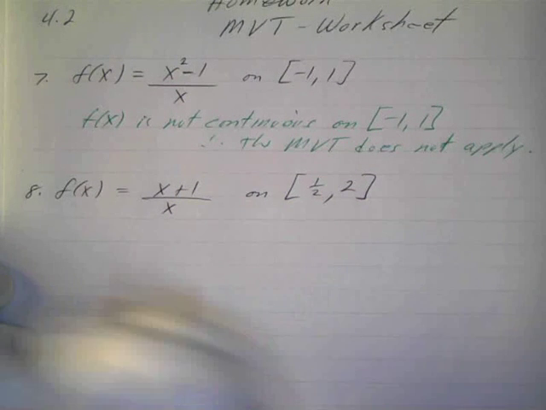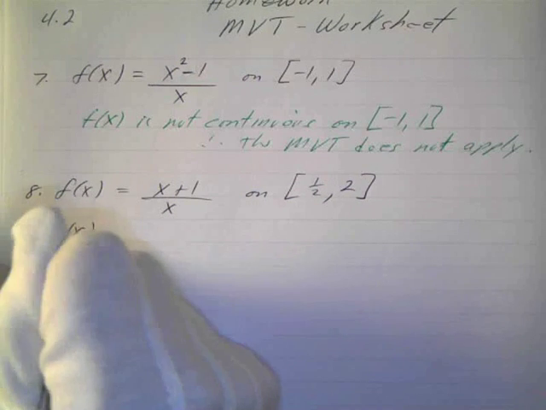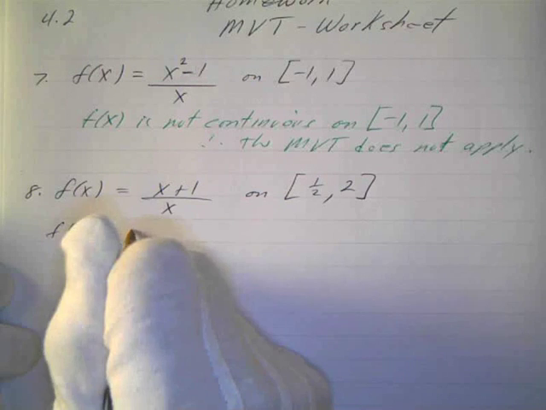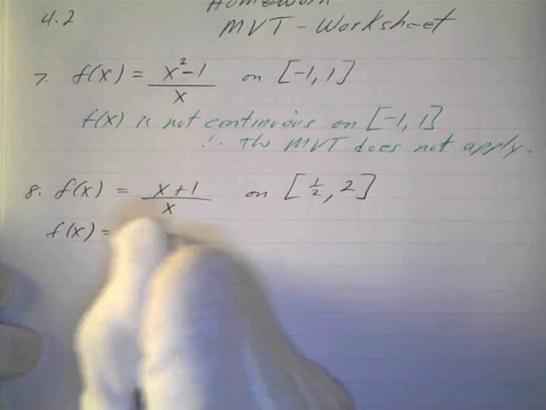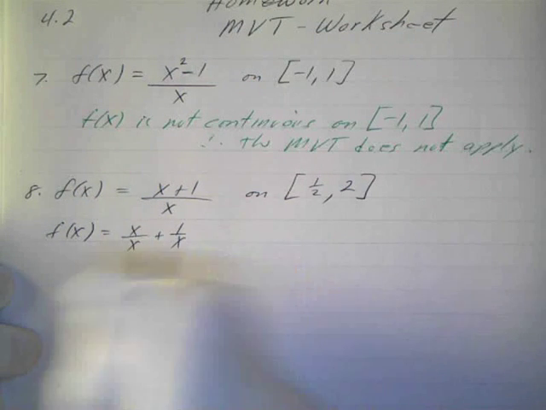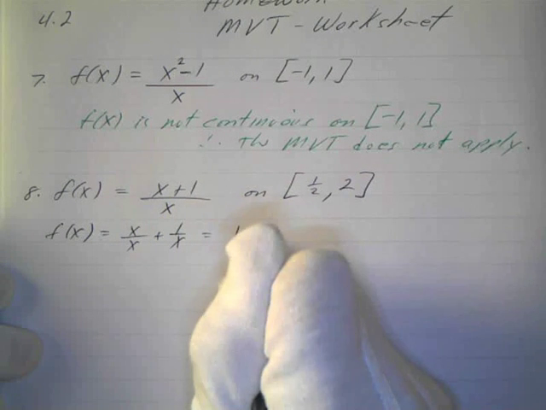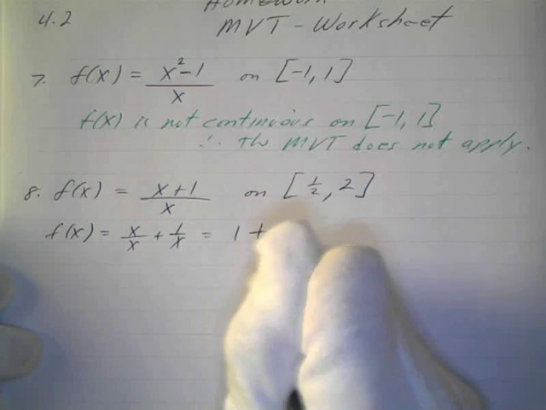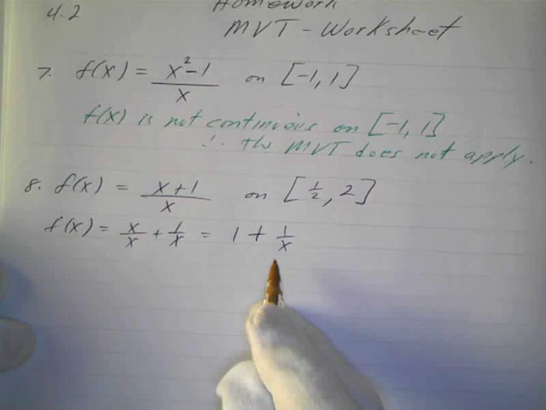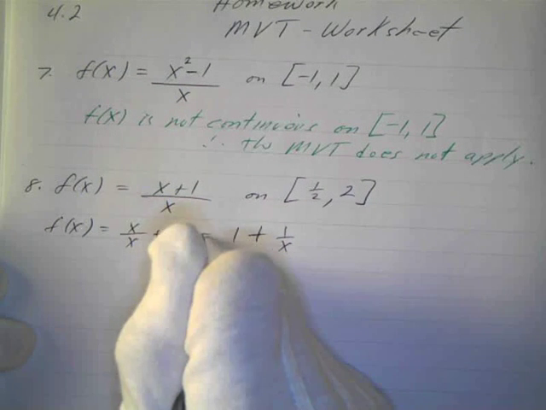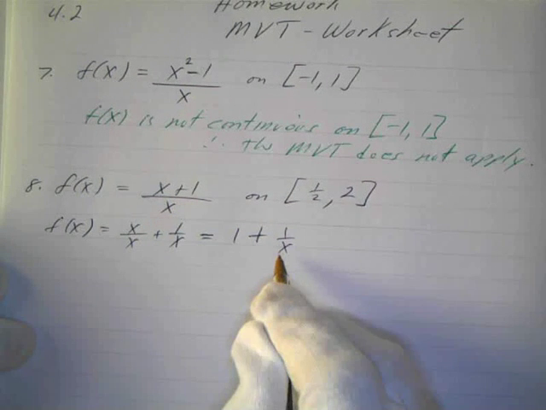we could rewrite this f of x equals x over x plus 1 over x, which is the same thing as 1 plus 1 over x. So that's just going to be good old swoosh, shifted up 1.